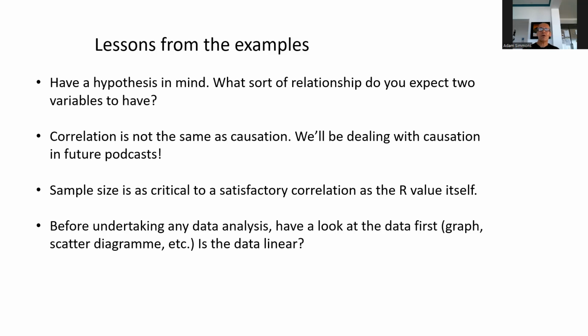If the weather is poor, yields will be lower. So if you've got a relationship which is different from that, you need to do rather more investigations. I hope I've also demonstrated in this little podcast that correlation is not the same as causation. Causation is a big subject, and we will be dealing with that in future podcasts for sure.